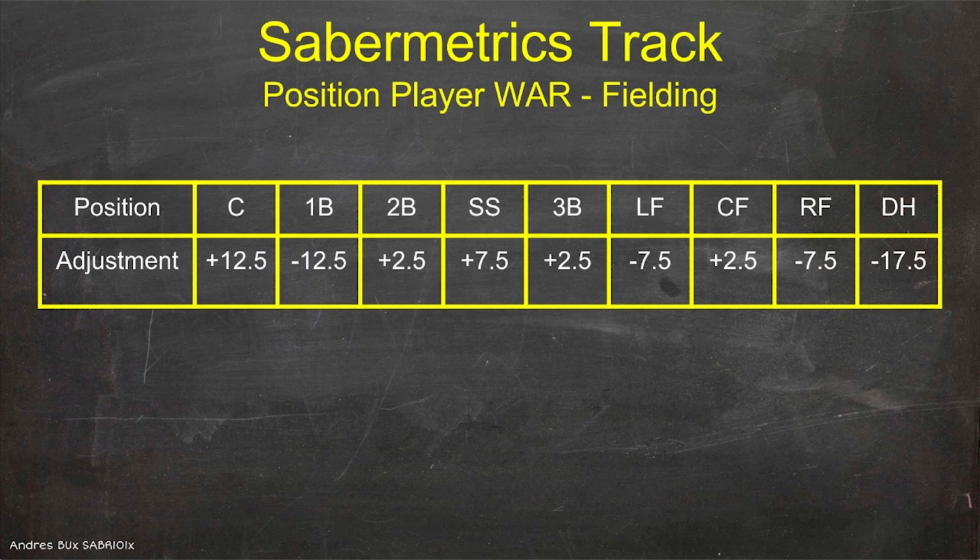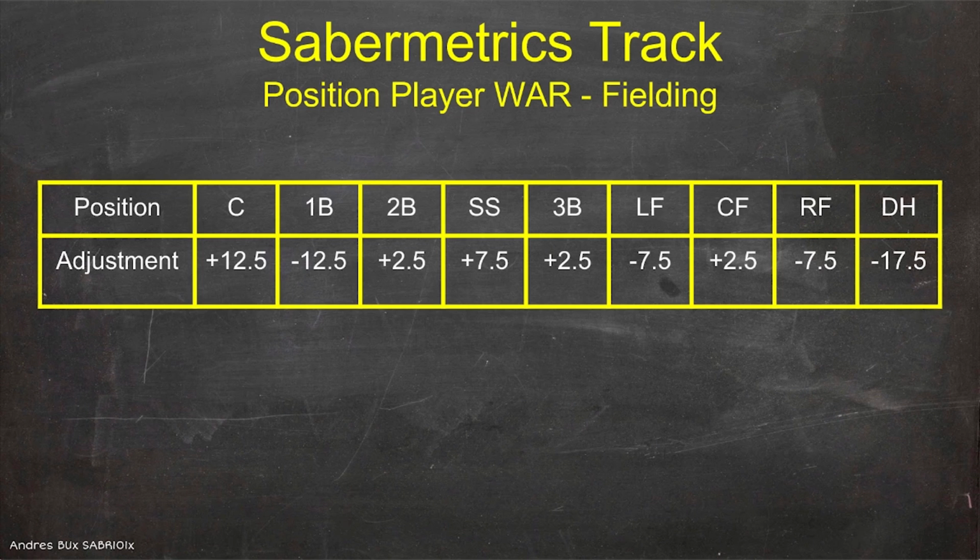That's the positional adjustment. Any position with a positive number here is a more difficult position on the field. Any position here with a negative number is an easier position on the field. It's an important thing to note and keep in mind that different positions have different difficulties and therefore different positional adjustments.